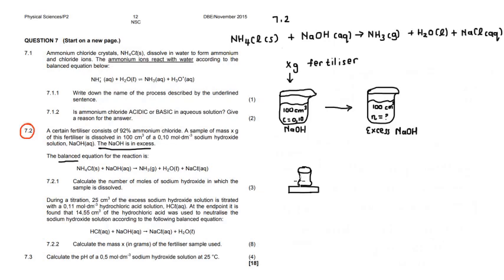So we put that in here. From this beaker we take only 25 centimeters cubed and pour it into a conical flask. This is then attached to a burette.